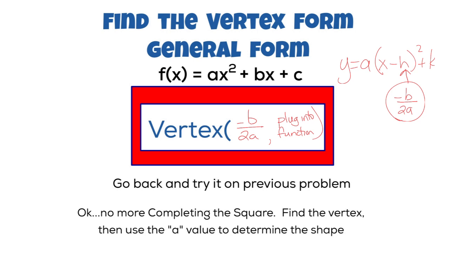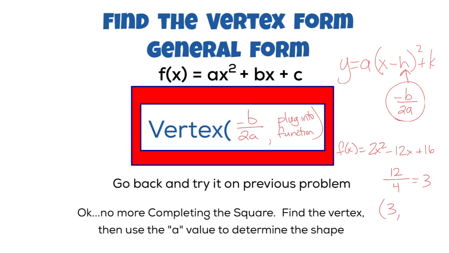Okay, so let's go back and try it on that previous problem. If you'll recall, on the previous problem, we had f of x equals 2x squared minus 12x plus 16. If you were to do the negative b over 2a, negative b would end up a positive 12 over 2a, so that'd be 4. Okay, so that equals 3. You can peek back. Yes, 3 was the vertex x value.